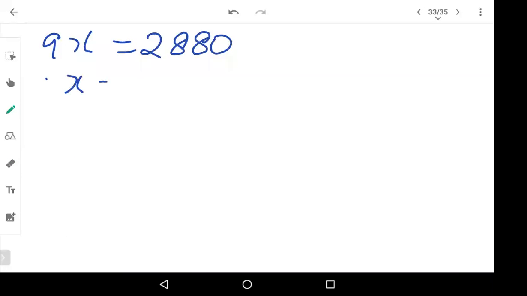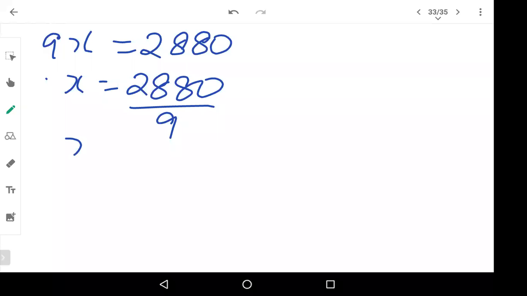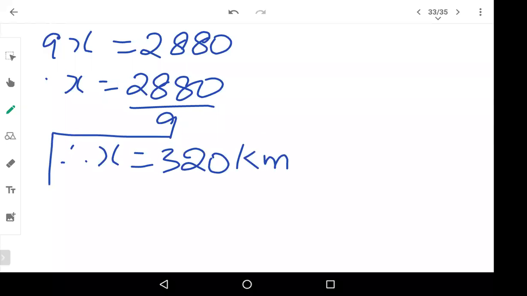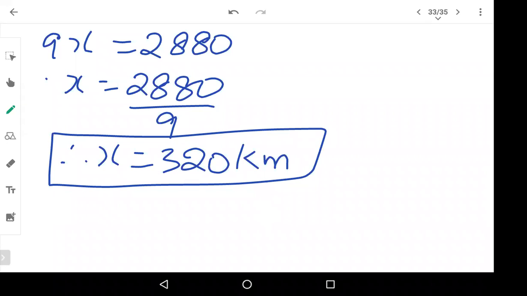So x is equal to 2880 divided by 9. Therefore, x is equal to 320 kilometers. This is going to be the distance between Bangalore and Madras.